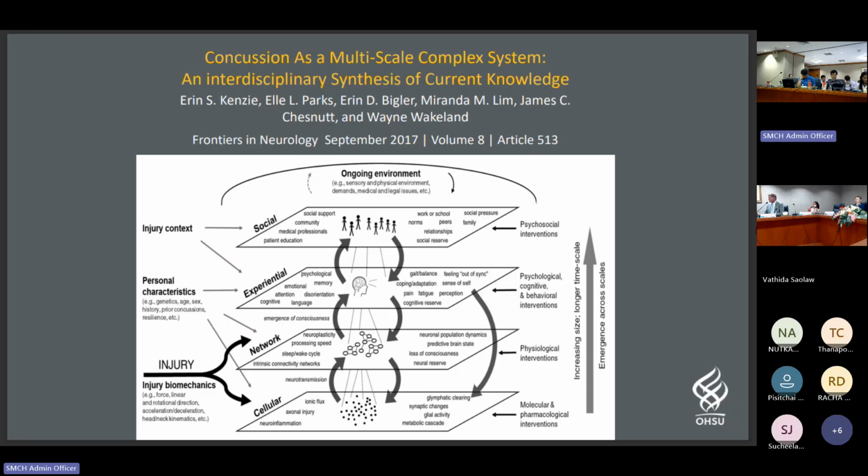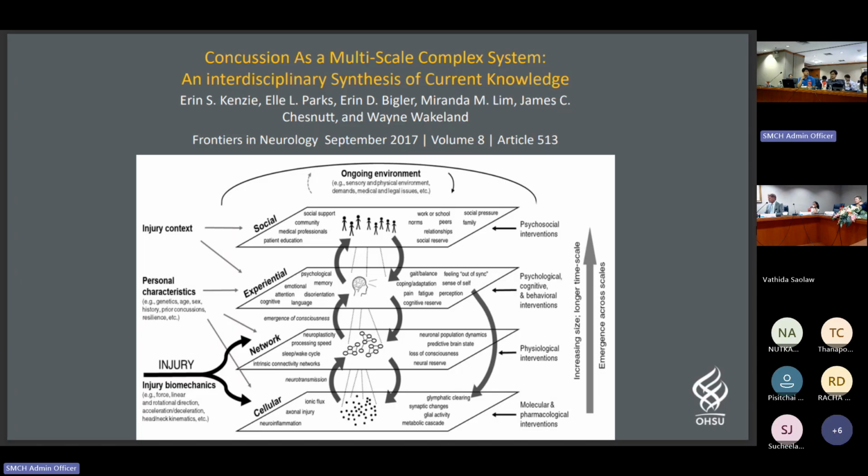I put up some research that I was involved with just to give you another perspective of how to look at concussions. If you see down the bottom left there, that's where the biomechanical injury occurs, and it hits different scales of the system in the brain. At the very bottom, there's the cellular level, and the cells can be damaged and produce dysfunction that then leads to network dysfunction. But the network can also be damaged by shear forces to axons, so you can get axonal injury as well as cellular injury.